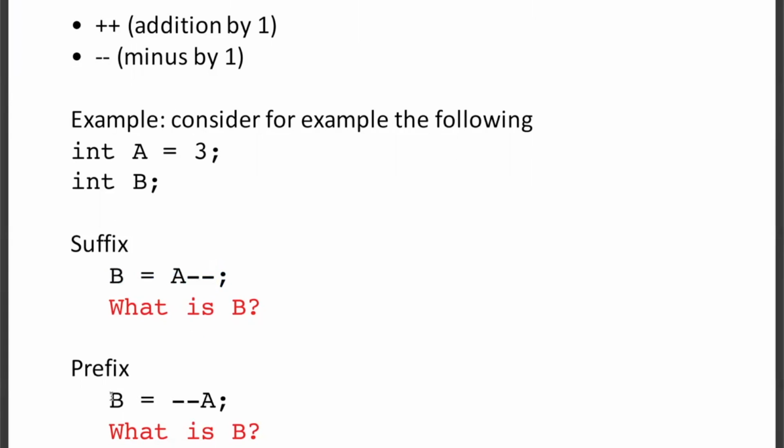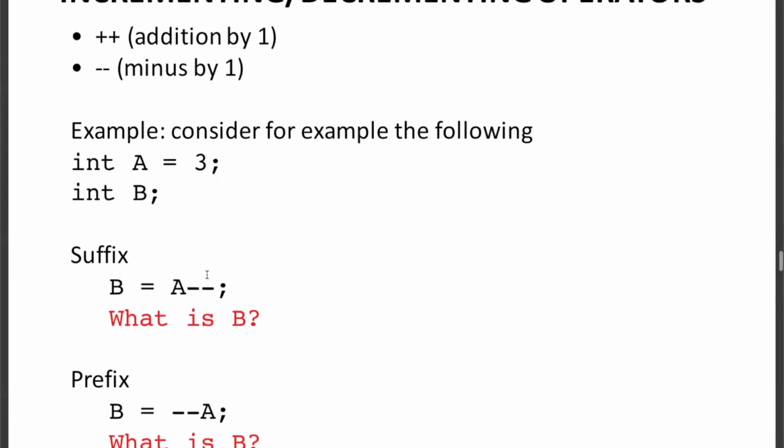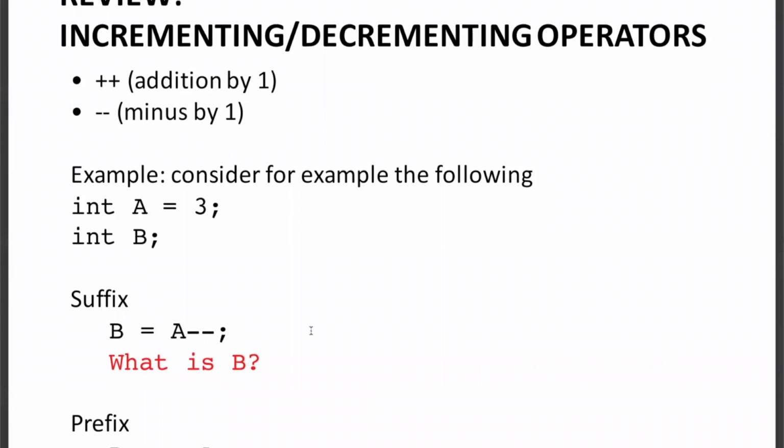But in the prefix case, this minus minus a is evaluated right before the assignment, and that evaluation leads to a value of 2. 2 is assigned to b, so b in this case is 2. So these are two different things. Students get confused by it, but just remember, when you have an incrementing or decrementing operator before a variable, that action takes place right on the spot. Okay, so that's what I want to say about the increment and decrement operators.